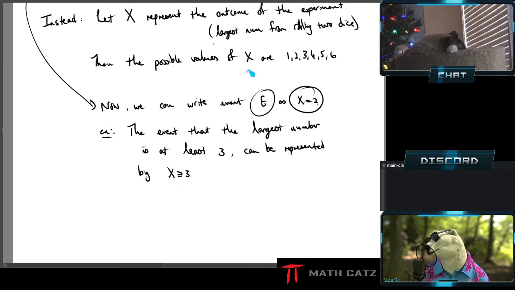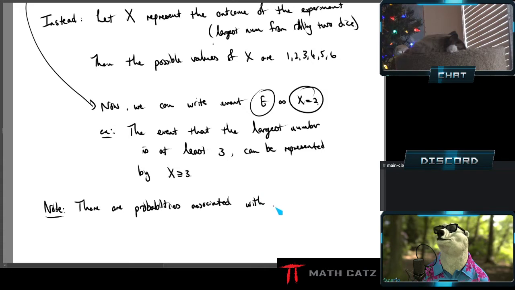Okay. So now this variable x, though you can rename it, in this case x, has more than one possible value, right? In this case 6. And there are of course probabilities associated with each value that x could have, because those values represent all the outcomes.